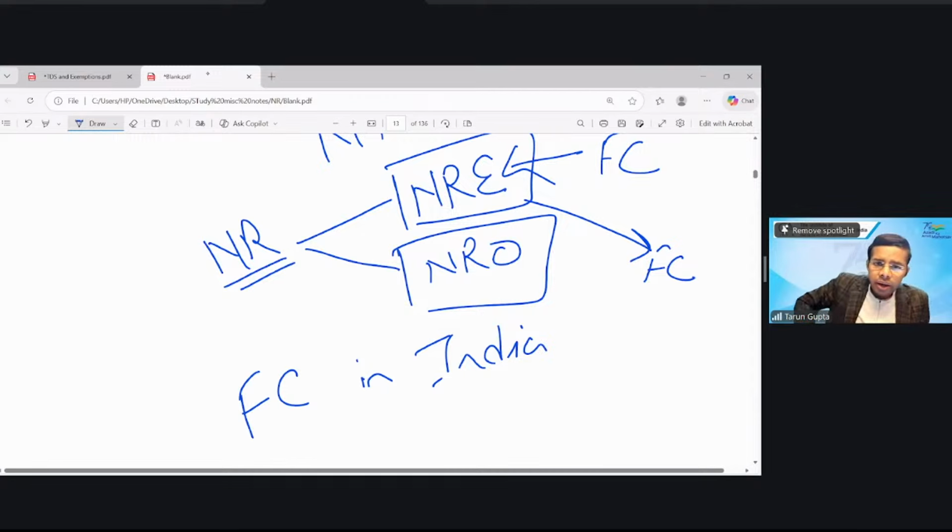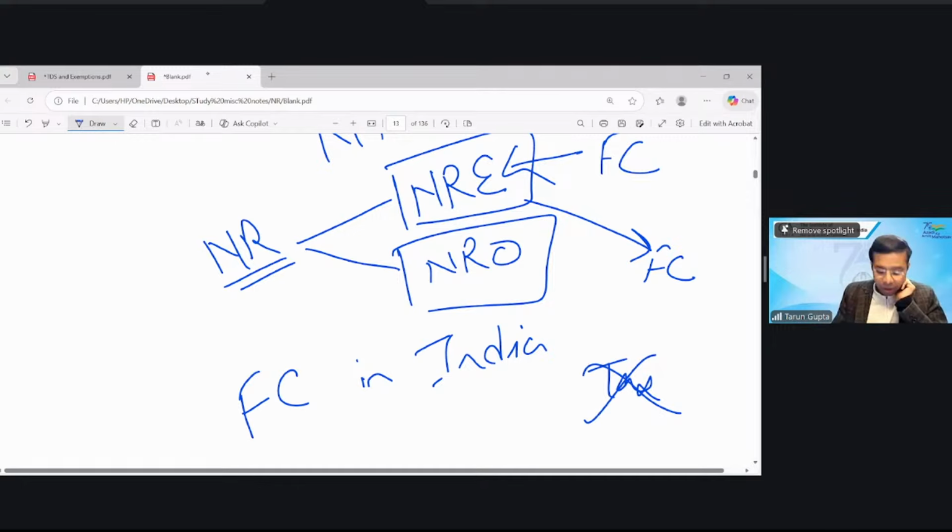Whatever amount is there in the NRE account of an individual, such amount must be remitted to India in the form of foreign currency. The government encourages these people to remit more and more foreign currency into India, and says that whatever interest you earn on this account, I will not tax it.